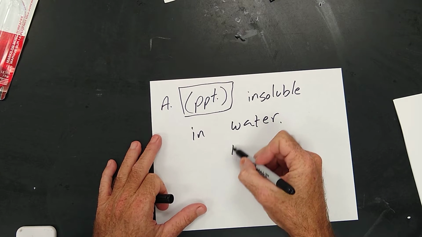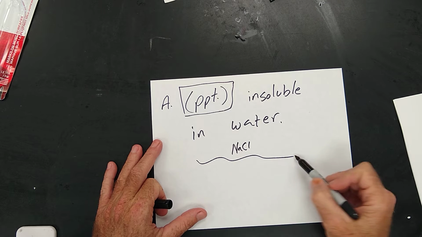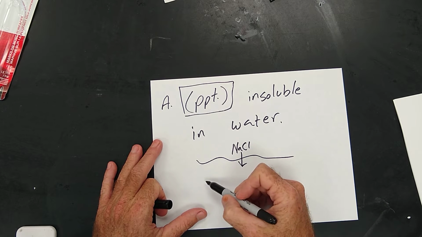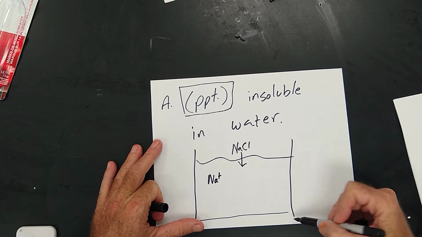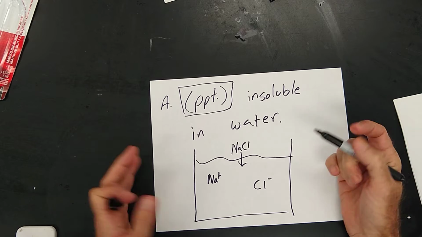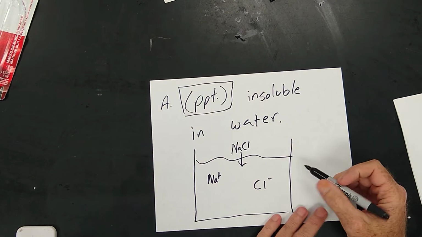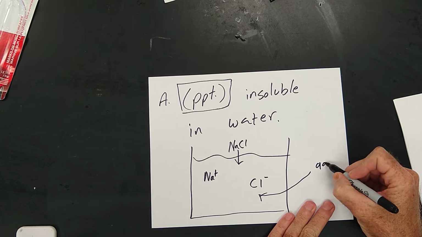Let's think about sodium chloride. If I had some sodium chloride and I dropped it into the water, it would separate into sodium positive and chlorine negative atoms. It would dissolve. Since it is dissolved, we would call this sodium chlorine in the water aqueous.